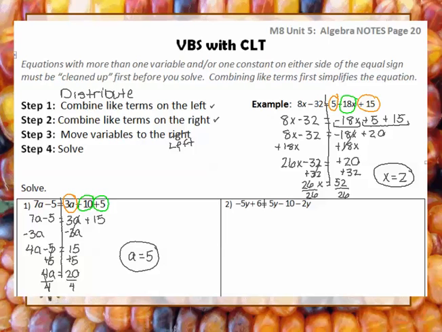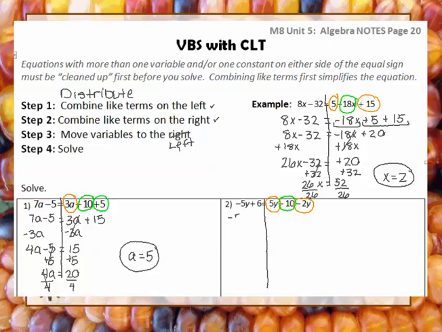So we have an equation, so we're going to draw our line down the middle. We ask ourselves, do we have any combining like terms on the first side? Nope, because I can't combine the 6 with the negative 5y. Do I have any combining like terms on the second side? Yes, I do. I can combine my 5y and my negative 2y, and then I have this negative 10 here. And I do need to rewrite it in the right order.